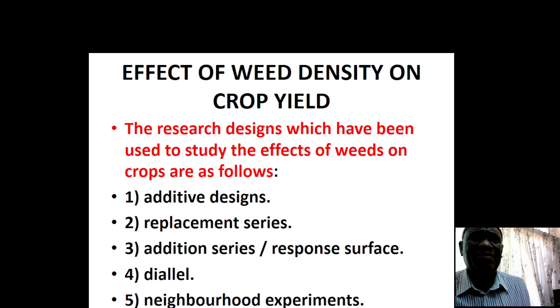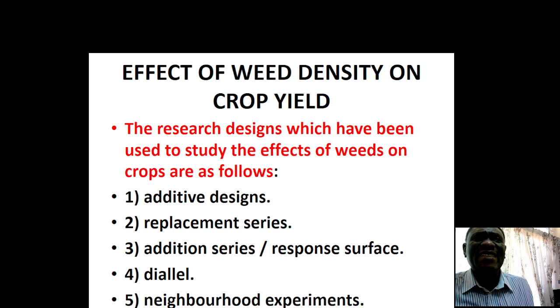However, at this stage, I should say that even with the additive design, you can also determine the competitive ability of the weed. But the replacement series probably will give you more information if you are interested in the competitive abilities. I mean, number 2 can tell us whether a crop is tolerant or not to the weeds, which is also very important.